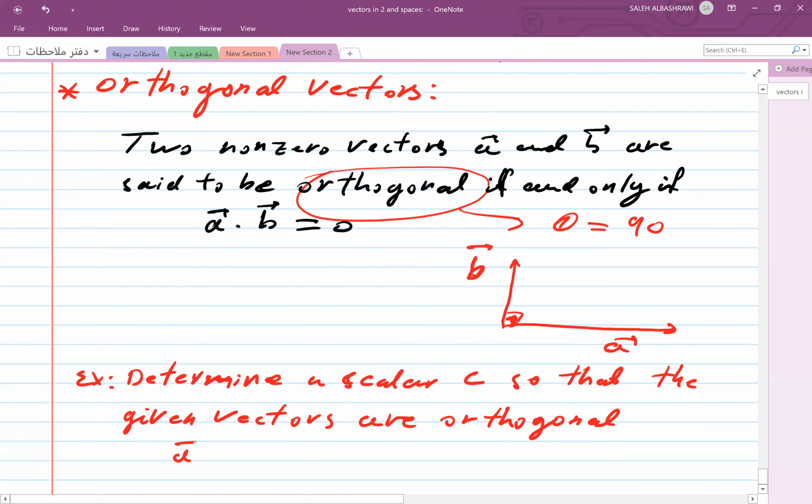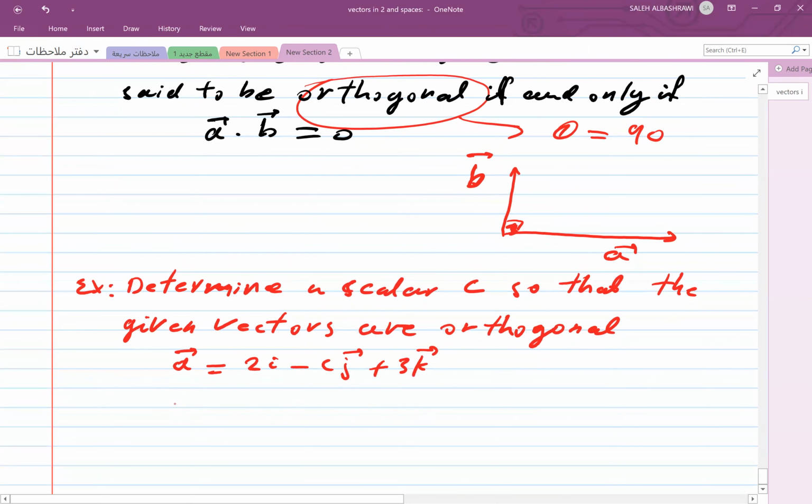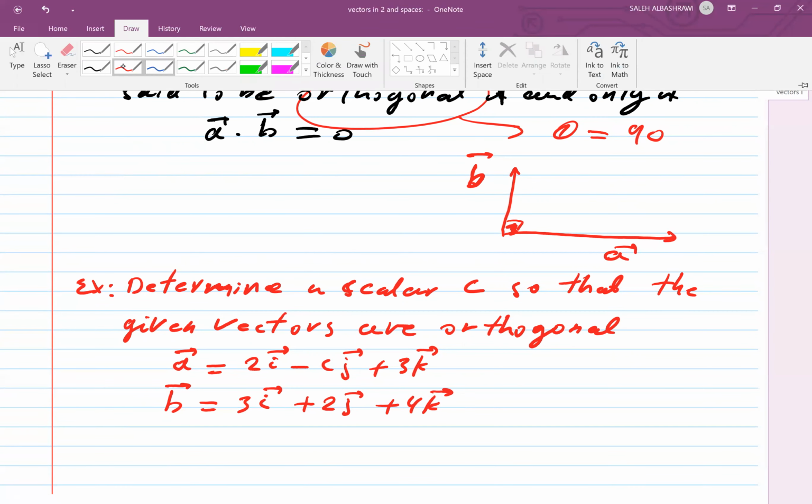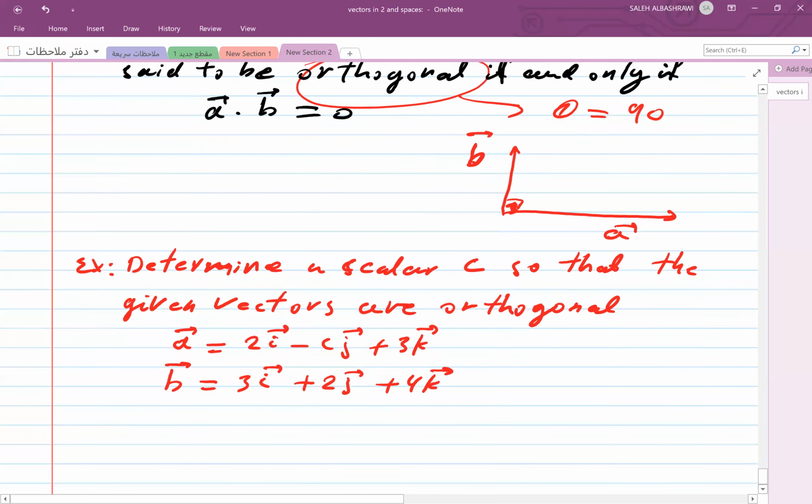A is equal to 2i minus cj plus 3k. B equal to 3i plus 2j plus 4k. And we need to find the value of c so that the two vectors are orthogonal.